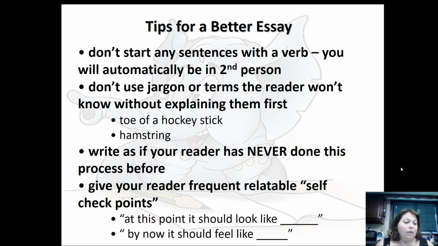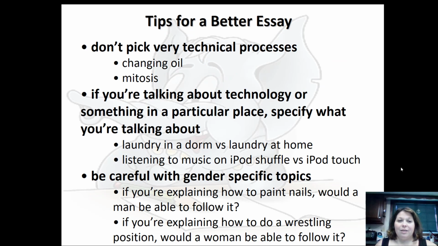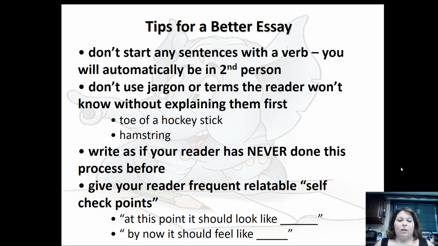You want to keep in mind that your reader has never done this before. You're writing to a general audience, and that doesn't necessarily mean dumbing things down. Sorry, I accidentally flipped the thing there for you. And I don't like when students say I have to dumb this down, because nobody's dumb. It's just a different level of what you know and what you don't know.